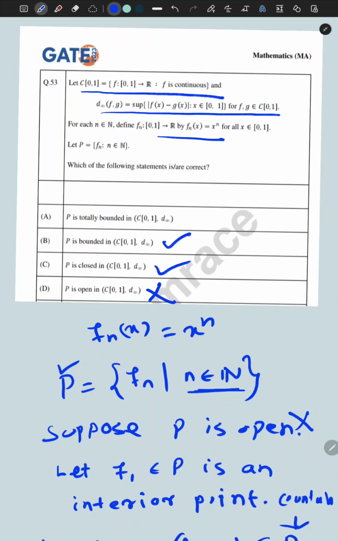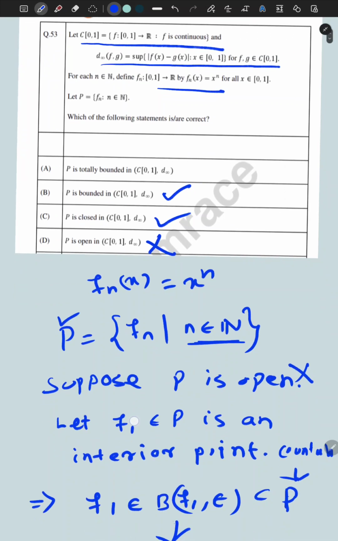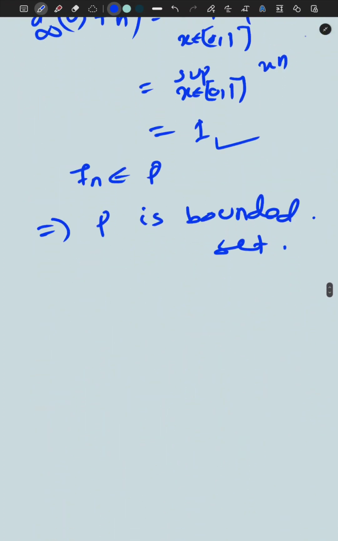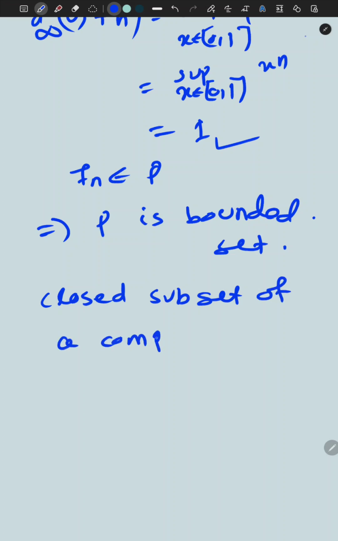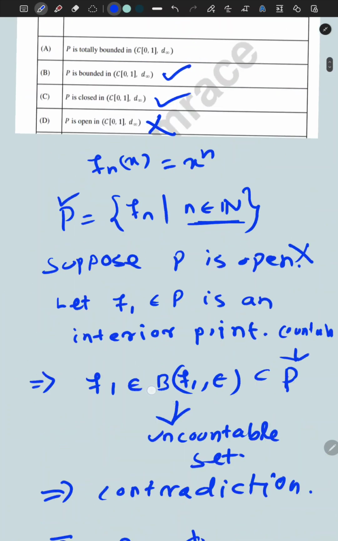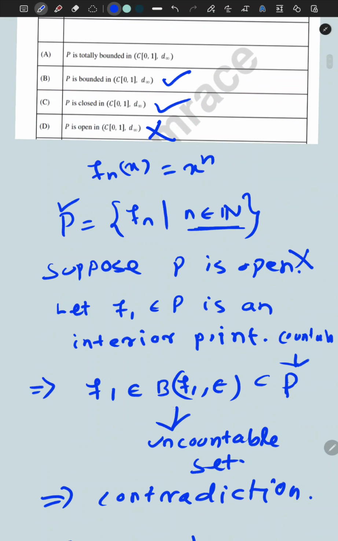Let us check option A, whether it is totally bounded or not. To check option A, we use two standard results. First of all, a closed subset of a complete metric space is complete. This is one result. Here P is closed; in option C we have proved that P is closed.